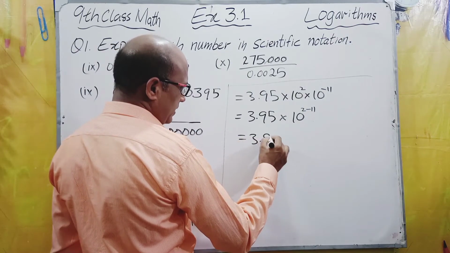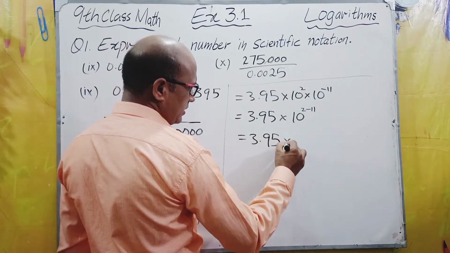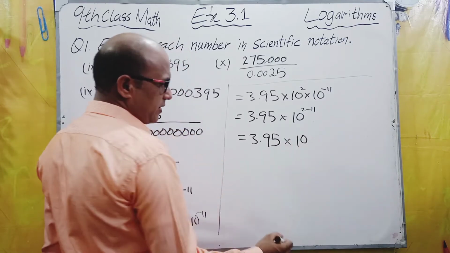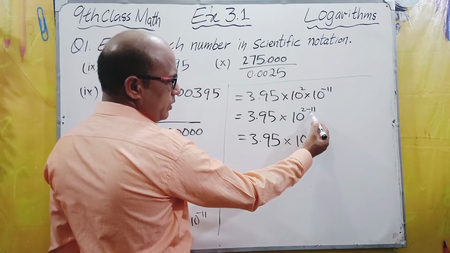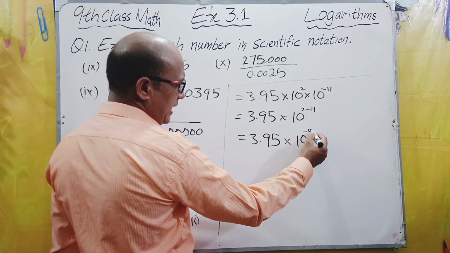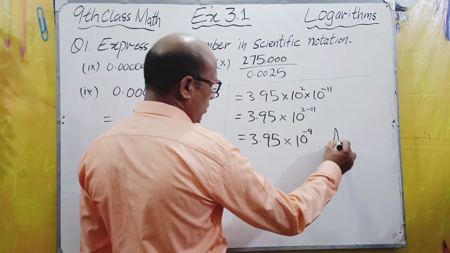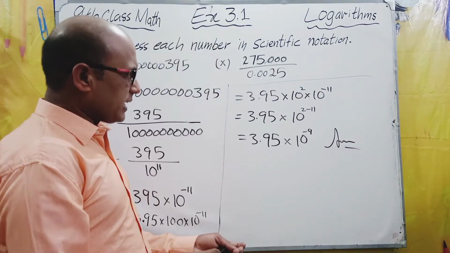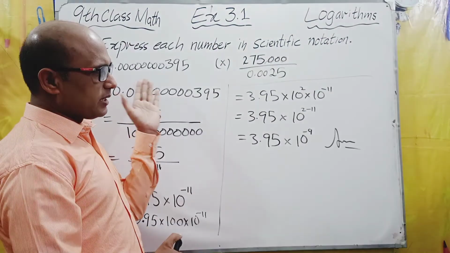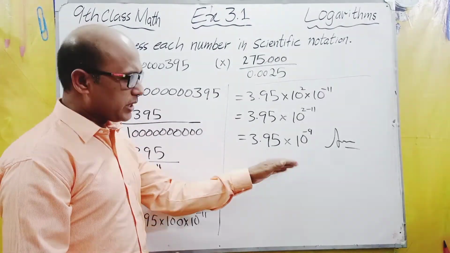So 3.95 into 10 raised to the power, we combine these two and get minus 9. So this is how to write a decimal number in scientific notation.